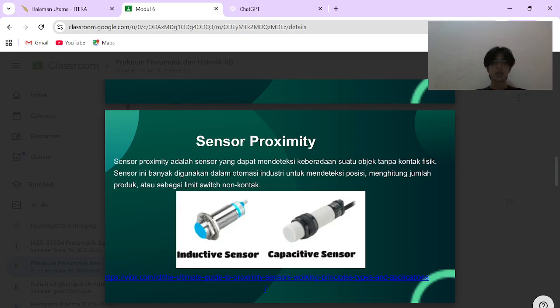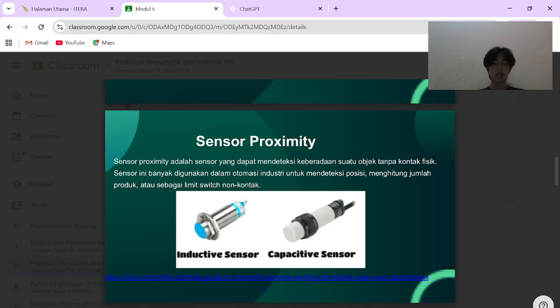Proximity sensors are extremely important in modern industry because they offer non-contact detection. This means they can detect the presence or absence of an object without touching it, preventing damage or wear.